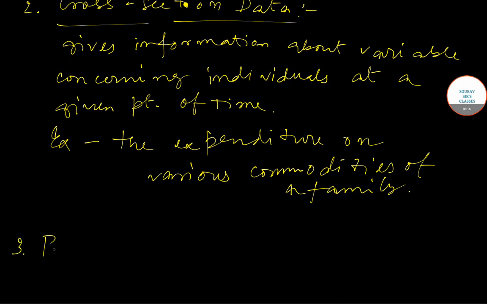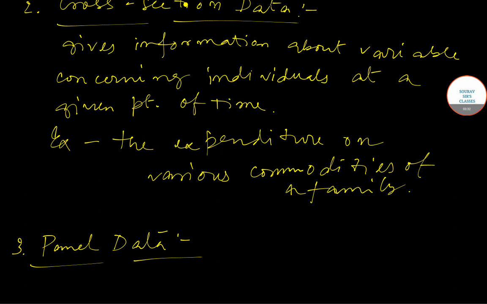Now there will be panel data. So what is panel data? Panel data are the data that are repeated from survey of a single sample in different periods of time.